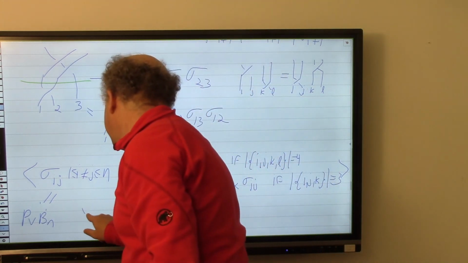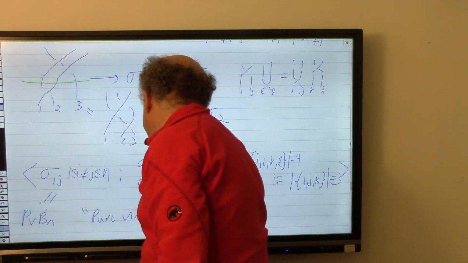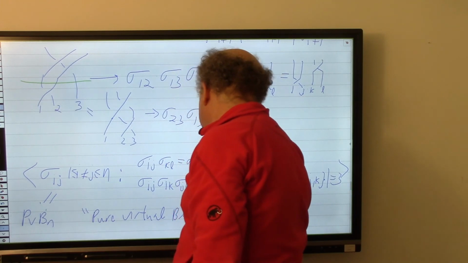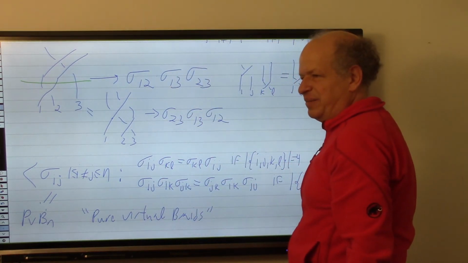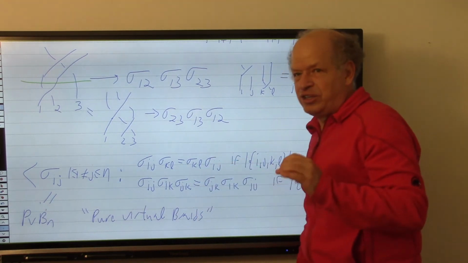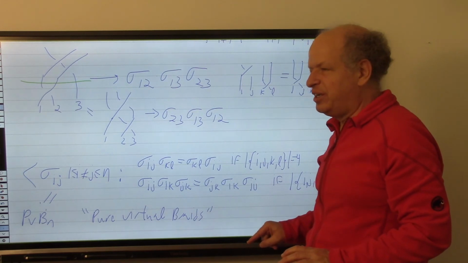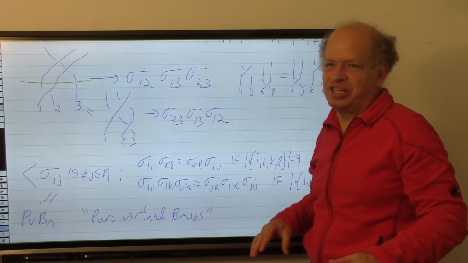So PvBN is pure virtual braids on n strands. Okay? And again, the way to get the presentation of PvBN is to incorrectly get a presentation for Bn.